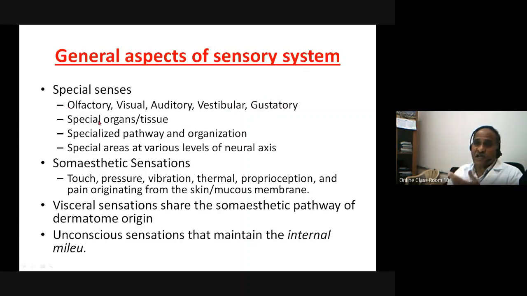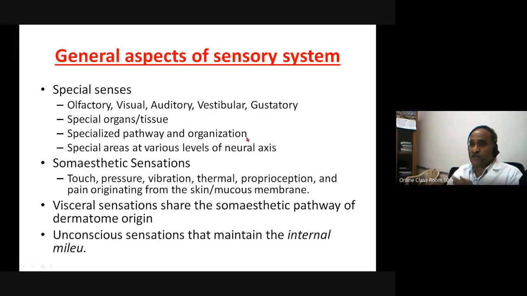So there are specialized organs or specialized systems. They are carried by a specialized pathway, and these pathways are processed in the brain, in the organizational component in the spatial areas.